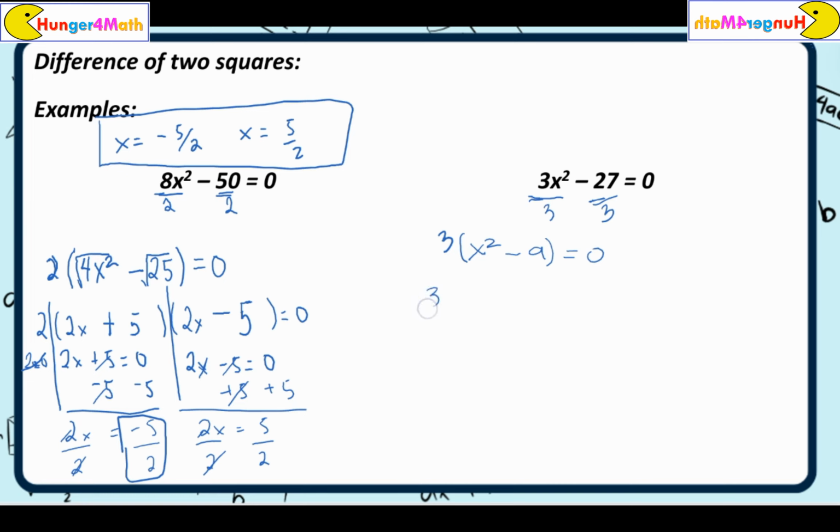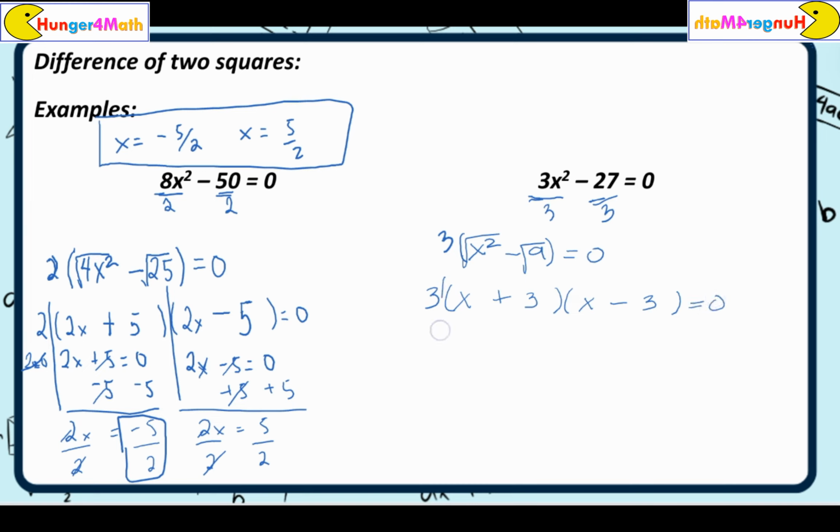So let's continue. 3, then 2 parentheses, plus and minus. Then the square root of x squared is x for both parentheses, and the square root of 9 is 3 for both parentheses, then equal to 0.